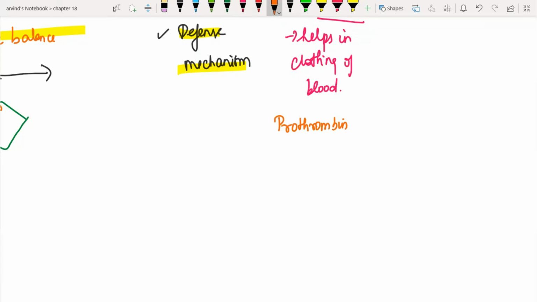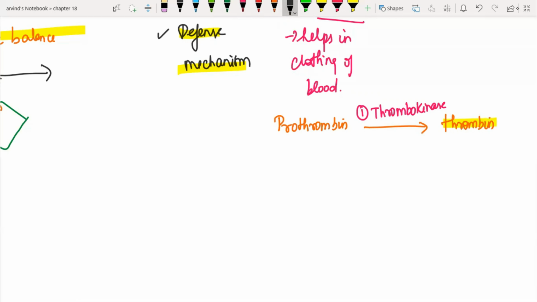So whenever there is an injury, there is bleeding, this prothrombin from the liver is going to be released into the bloodstream and it is going to be activated to something called thrombin. So this step is going to be aided by an enzyme called thrombokinase. So first, there is injury. Following injury, there is activation of thrombokinase that in turn activates prothrombin to thrombin.